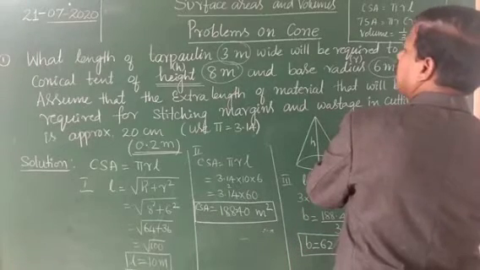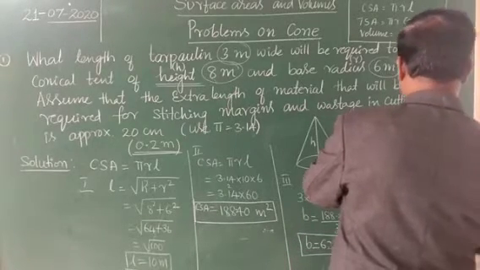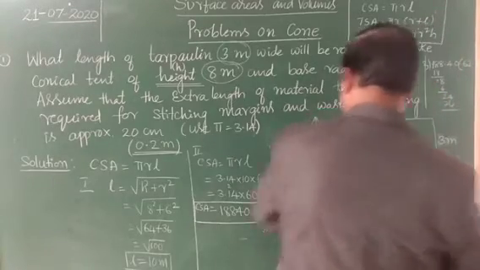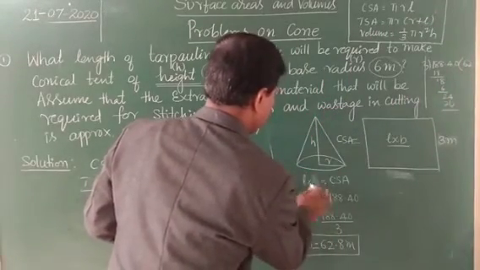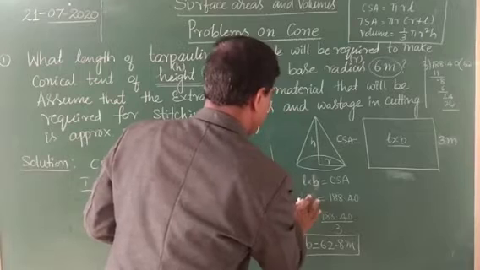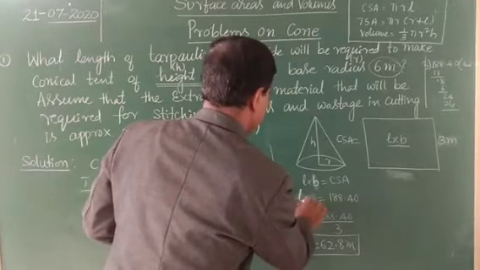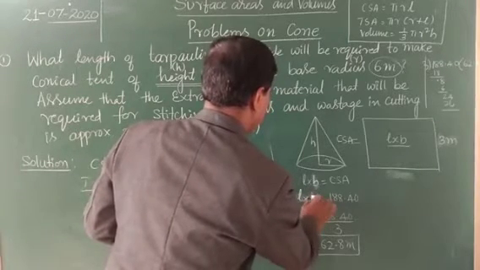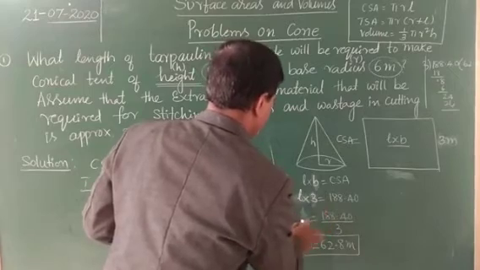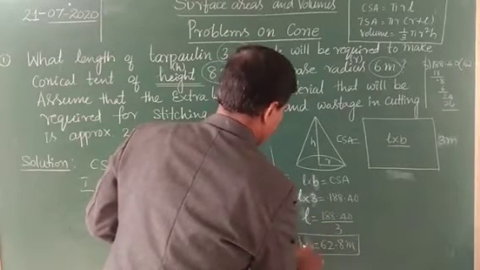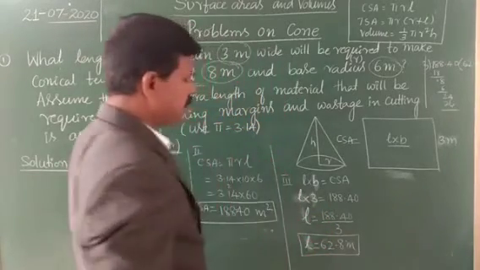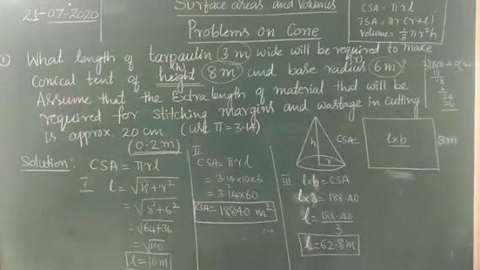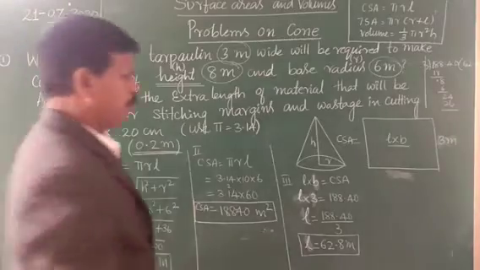So you can write this as 3 meter and length we want. So here B is as it is, and this is length into 3 meter wide. So length is 62.8 meter. Okay.